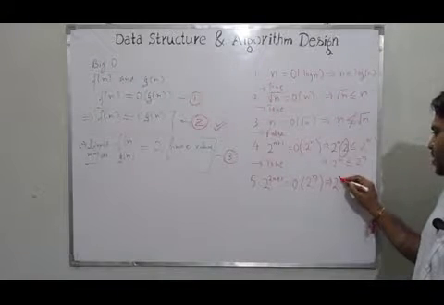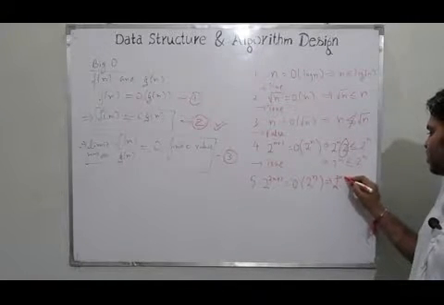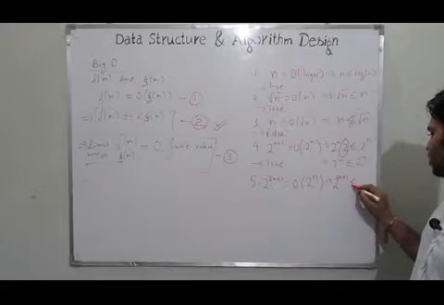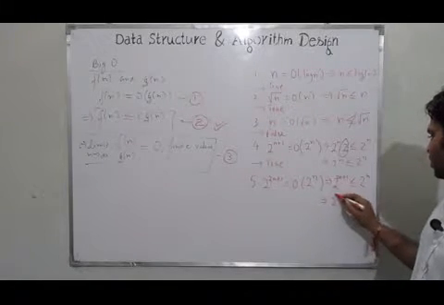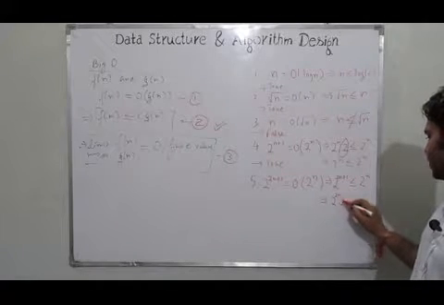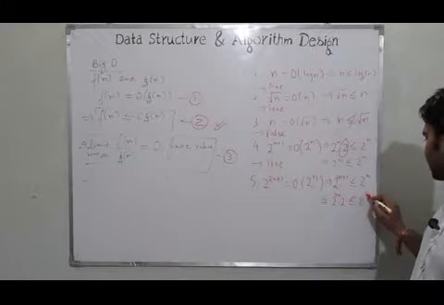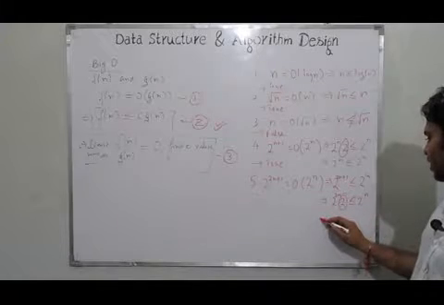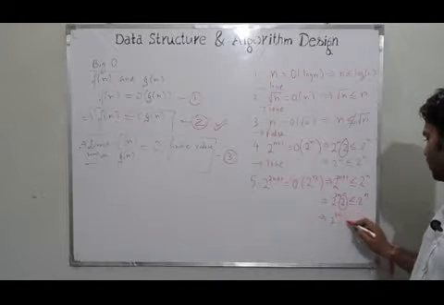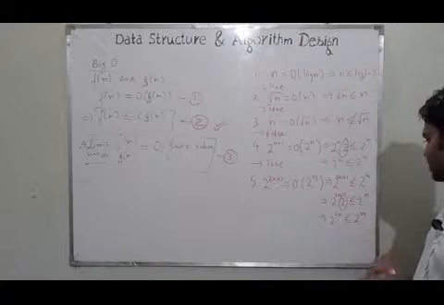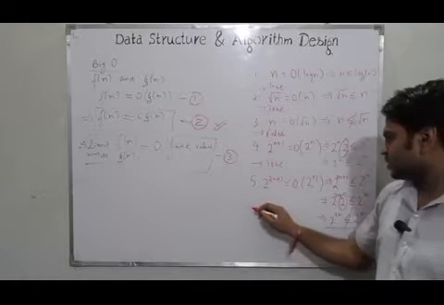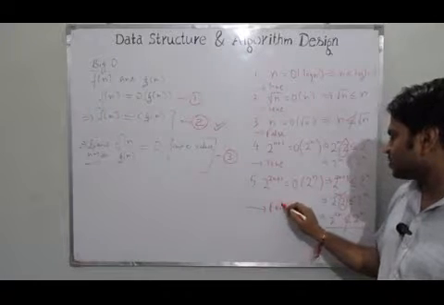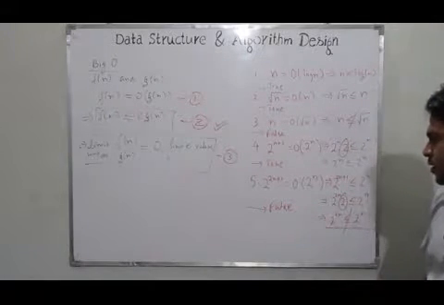It is easily observable that if I write this in this fashion, then we can simply neglect it and obtain the relation as this, and it can be seen that this can never be true. Hence we can say it is also false.